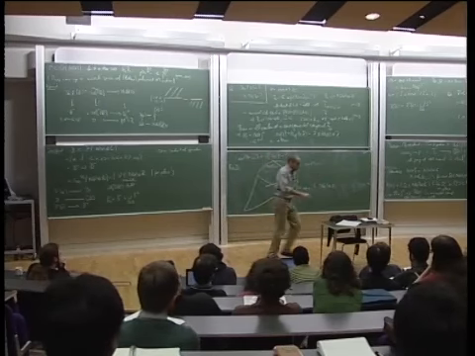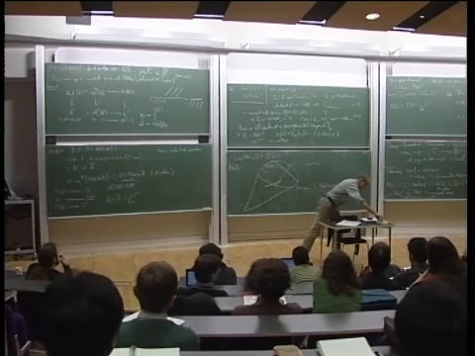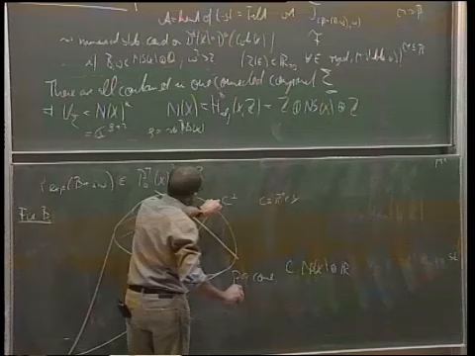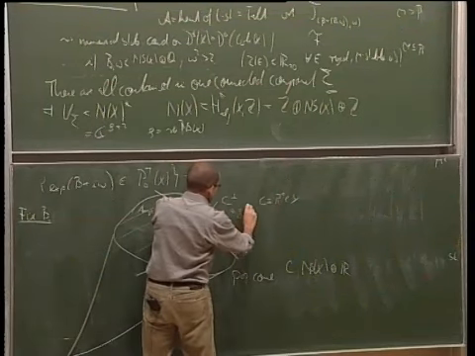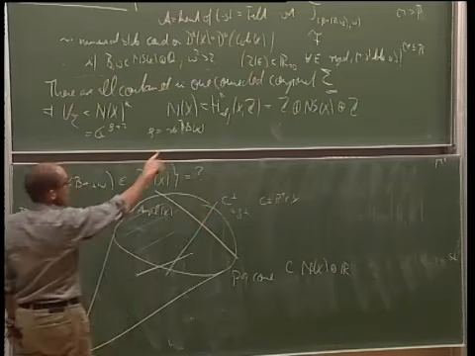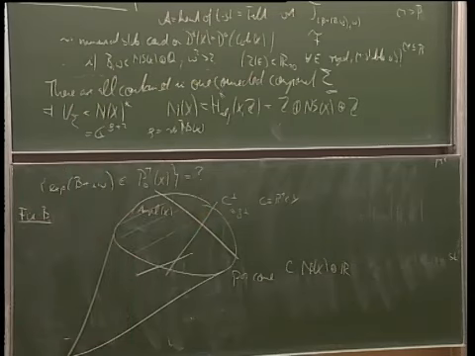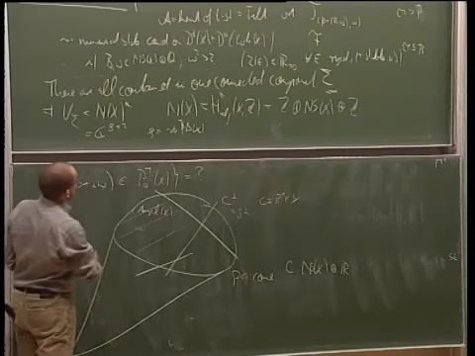Let me try to draw this. So maybe I should say this is like one of these delta perp. So these are these hyperplanes I have to take out, right? But there are others. So these are the ones corresponding to smooth rational curves.